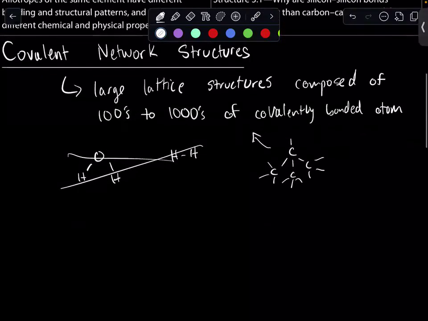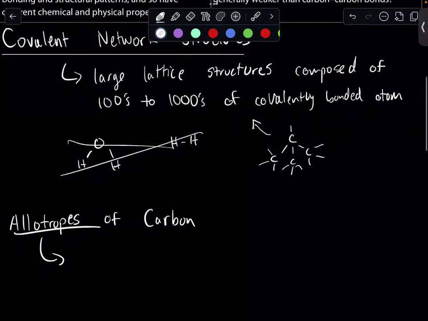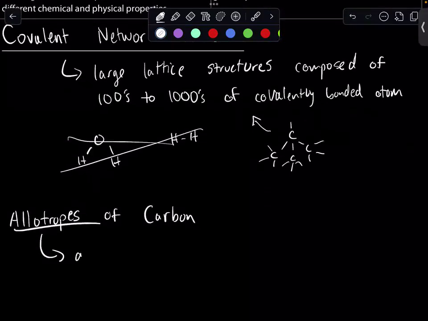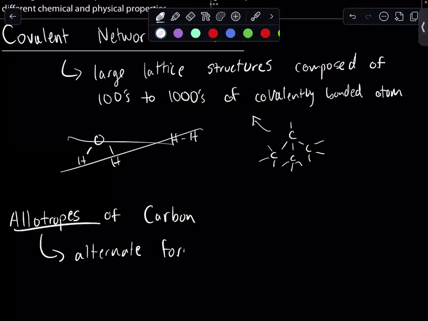Now, as we move into this, we're going to be talking about quite a few allotropes, specifically of carbon and silicon. And so first we're going to go over the ones of carbon. An allotrope, more specifically, is just alternate forms of the same element, of elemental structures.